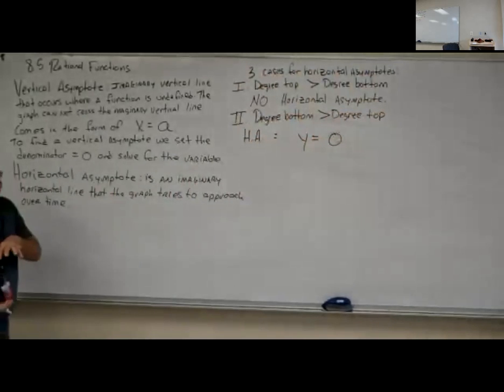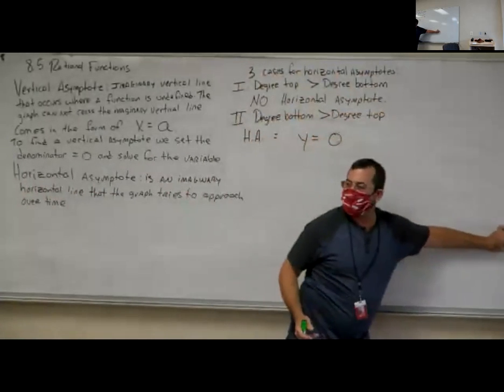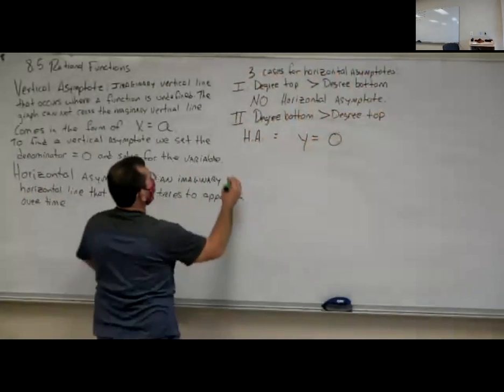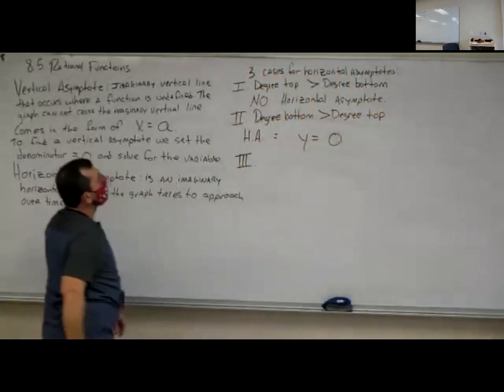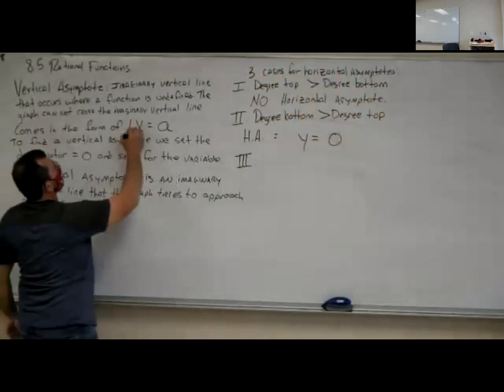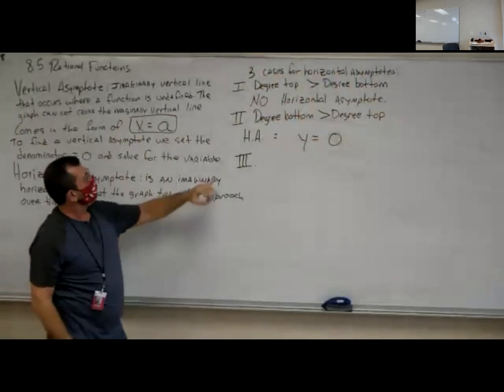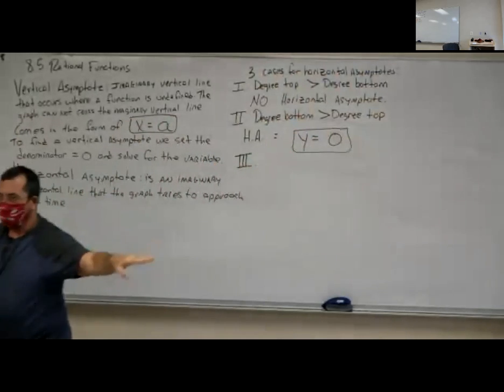So if the bottom is getting bigger than the top, eventually it's going to try to approach 0, which is that x-axis on there, okay? So top's higher degree, no asymptote. Bottom's the higher degree, it's going to be y equals 0. So notice the verticals are in the form of x equals, horizontals are in the form of y equals, okay?